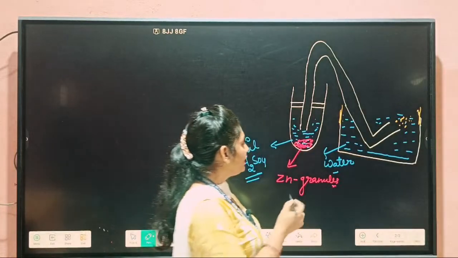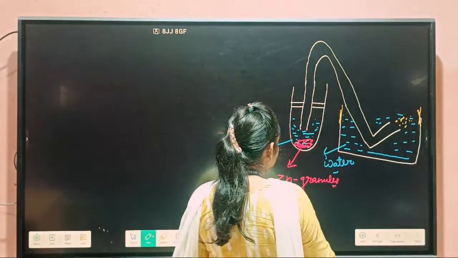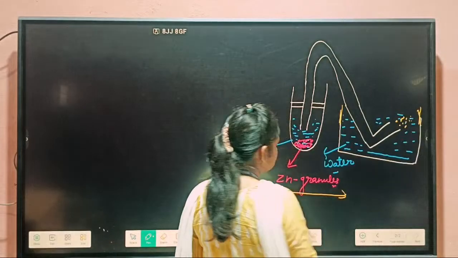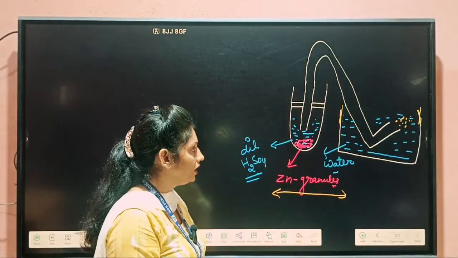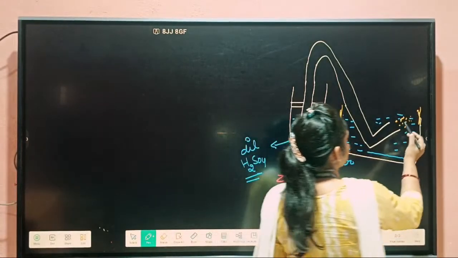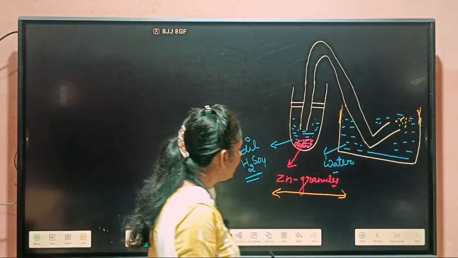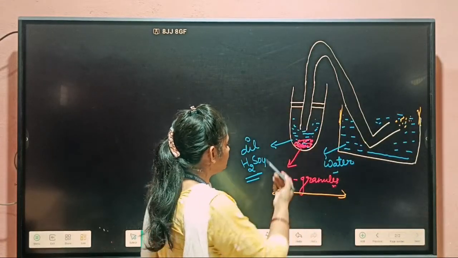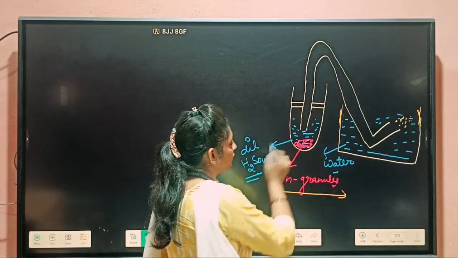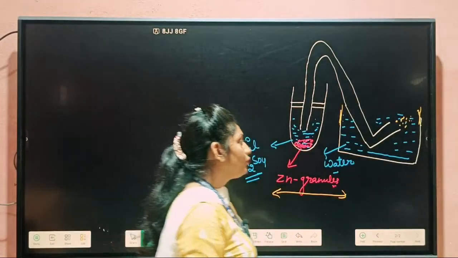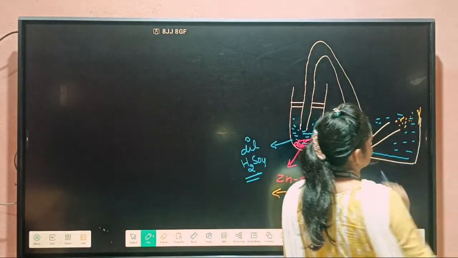Students, देखिए यहाँ से जब तक हमने जिंक ग्रेनुअल्स को नहीं डाला, कोई भी बबल्स प्रोडक्शन यहाँ नहीं हुई. But when we add zinc granules in sulfuric acid, then production of bubbles takes place here.